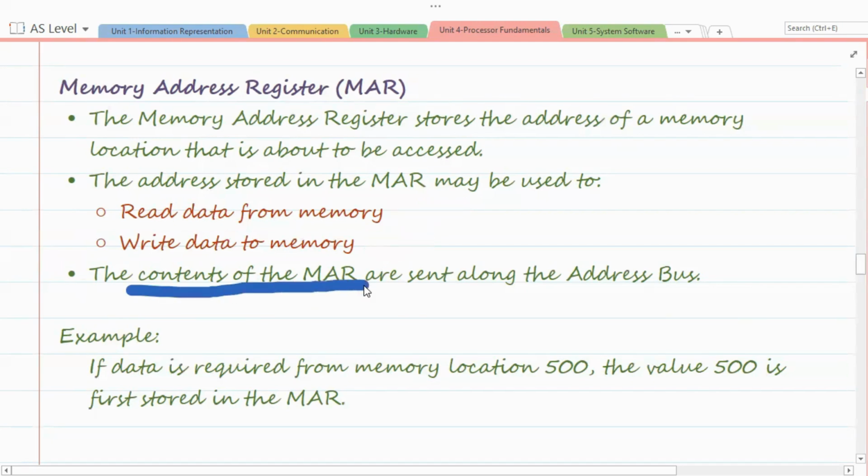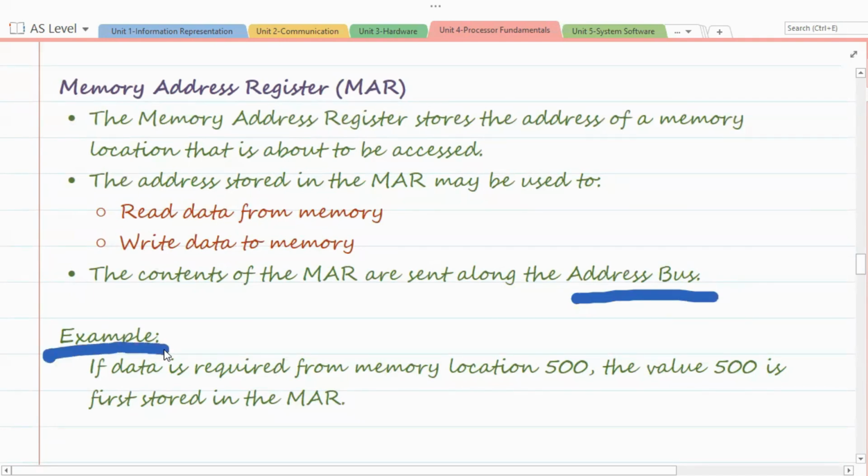And the content of MAR is sent along the address bus because the address bus carries addresses. We will learn about all three buses in my upcoming videos in detail. Right now, just understand that whatever the content of MAR, it is taken from one place to another through the address bus.